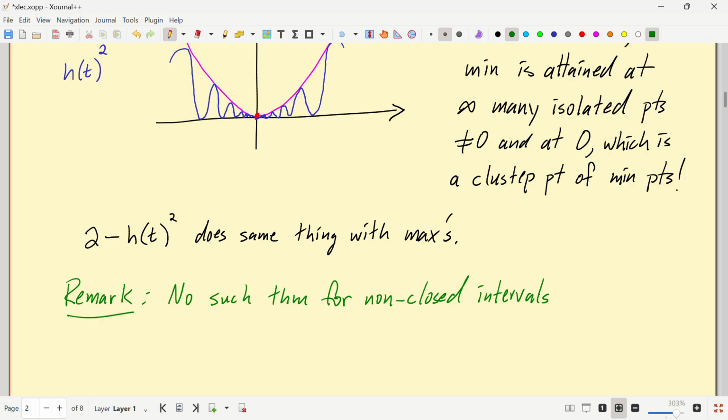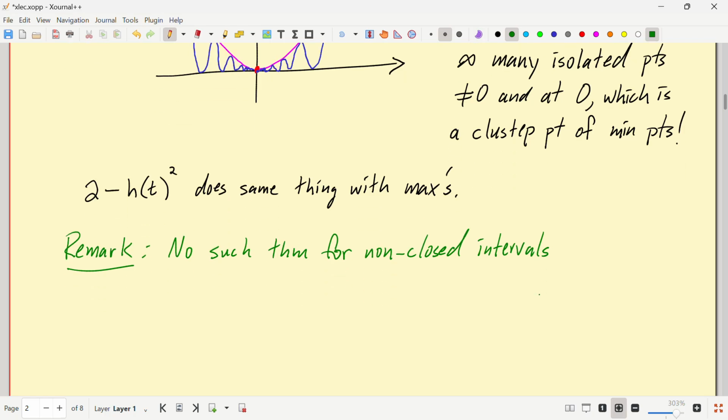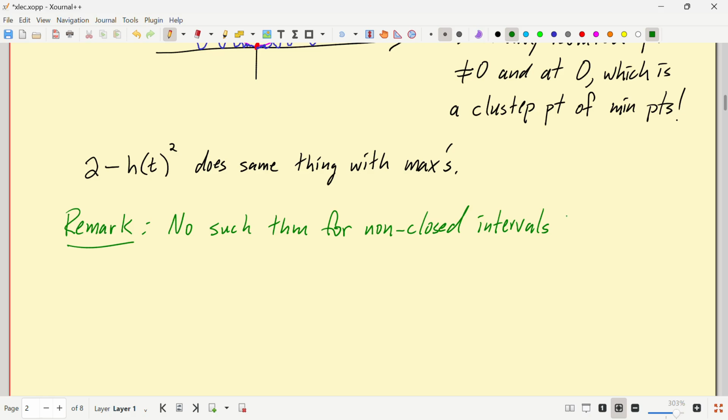Because the max and min can often occur at the endpoints. And I guess I should emphasize the max and the min is equal to the sup and inf, and can occur at the endpoints.